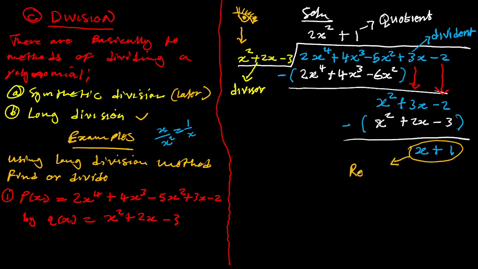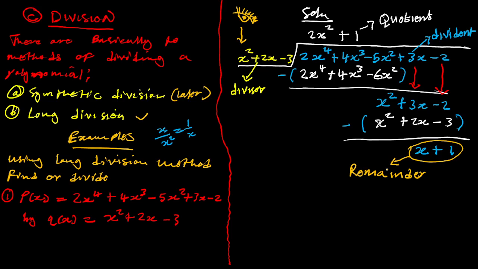So with this known, you have the divisor, the quotient, the dividend, and also the remainder.